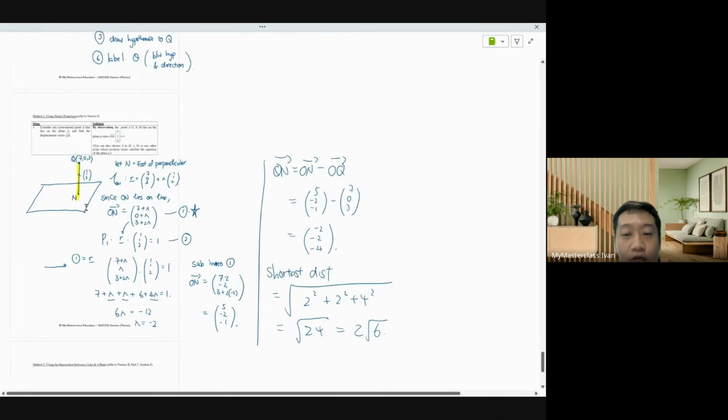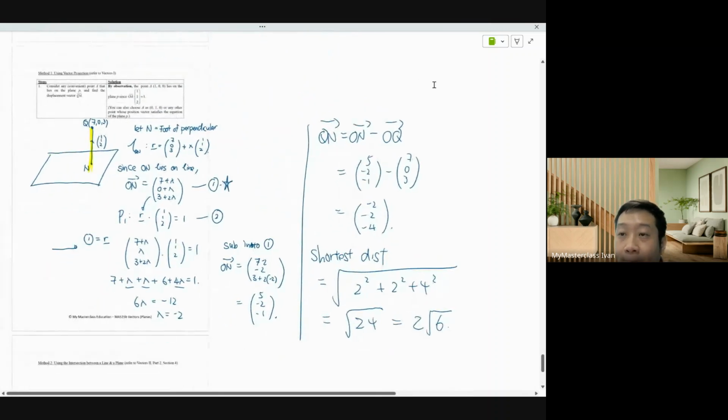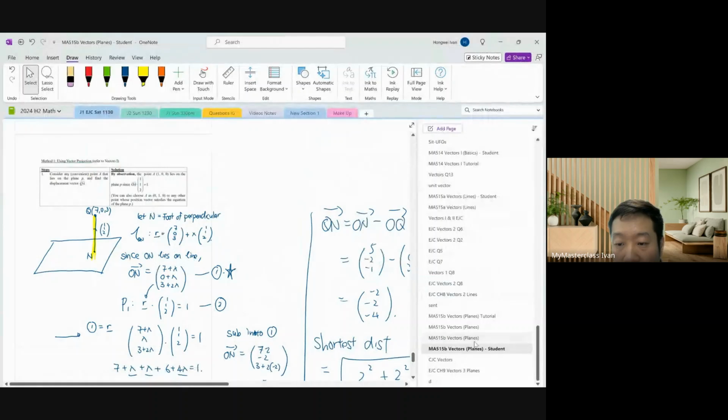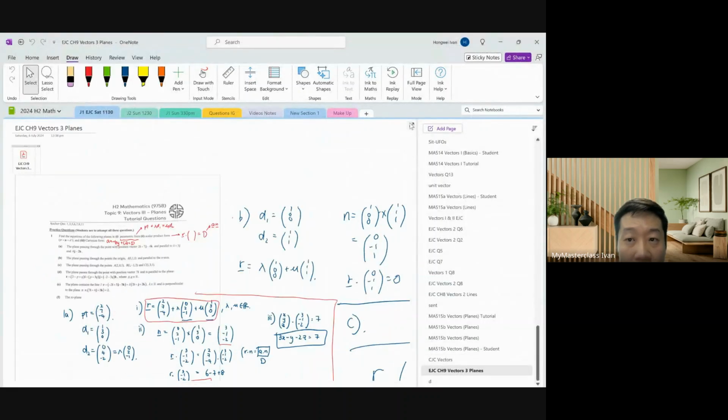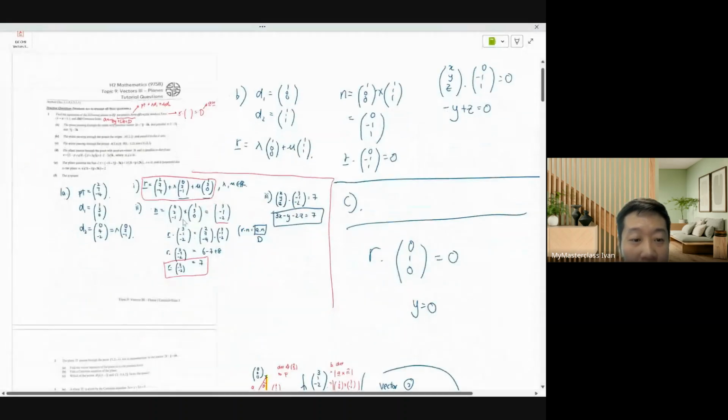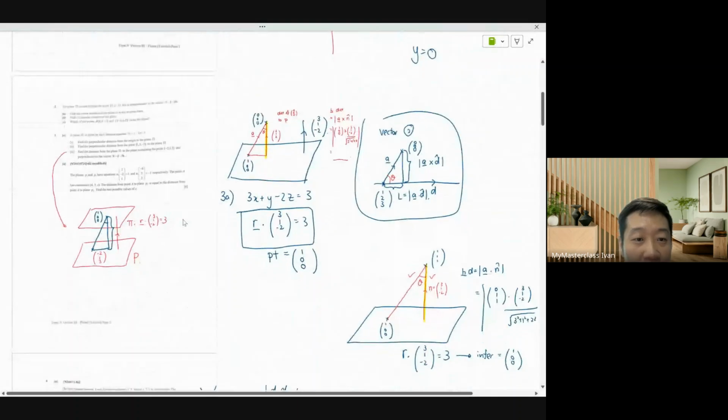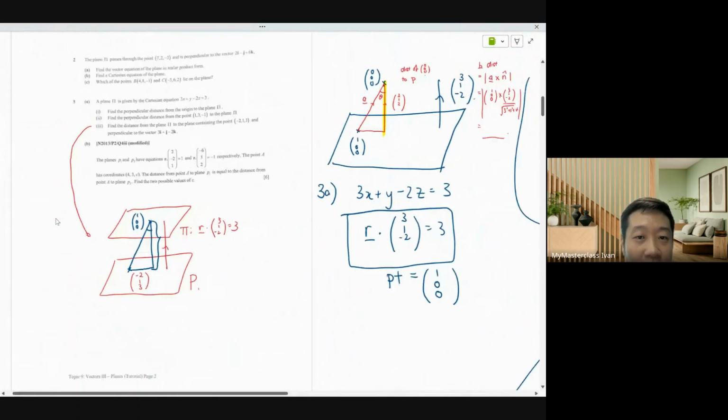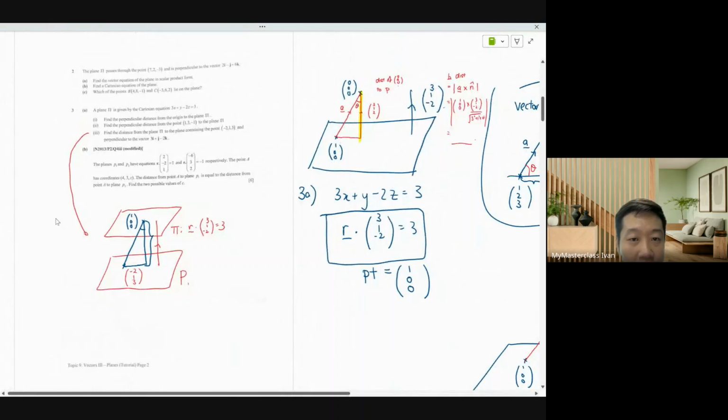Usually we use this method. If you look at your tutorial, some of you are at question 1, some at question 2, some already at question 3.